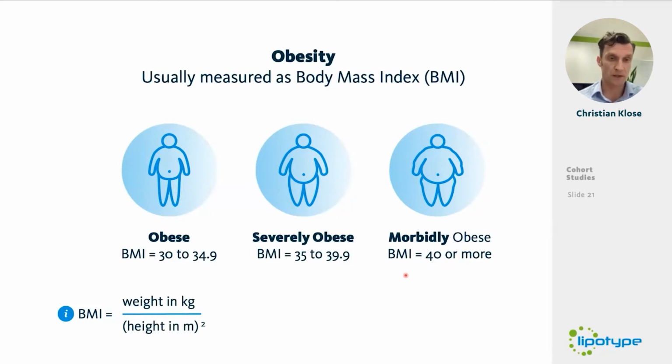So just to pick you up a bit, obesity is usually measured, as you all know, as a body mass index, BMI, which puts body weight in relation to body height. And people with a BMI greater than 25 to 30 are considered overweight. Obese people have a BMI between 30 and 35. Severely obese people between 35 and 40, and everything above 40 is considered morbidly obese.